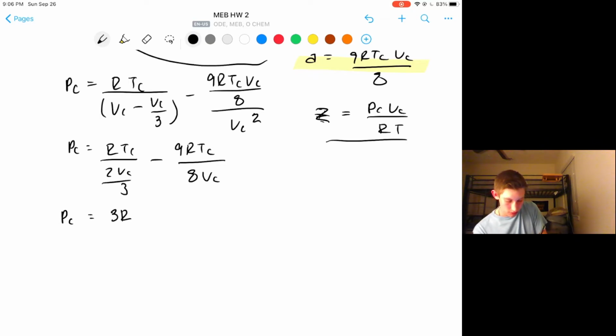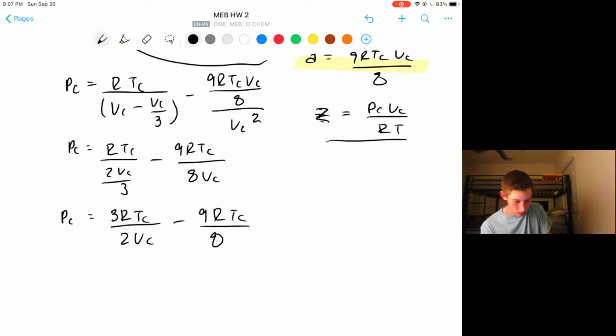So we have 3 times gas constant times critical temperature over 2 times our critical volume, subtracted by 9R times critical temperature over 8 times the critical volume.